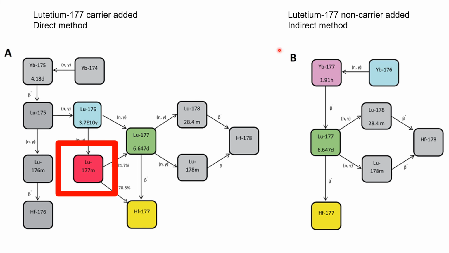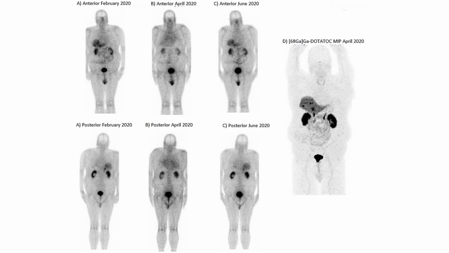Here is also an additional thing to take into account: the carrier-added lutetium-177 has a radioactive byproduct called lutetium-177 metastable. It has a long half-life, and it will make your waste management substantially more difficult.